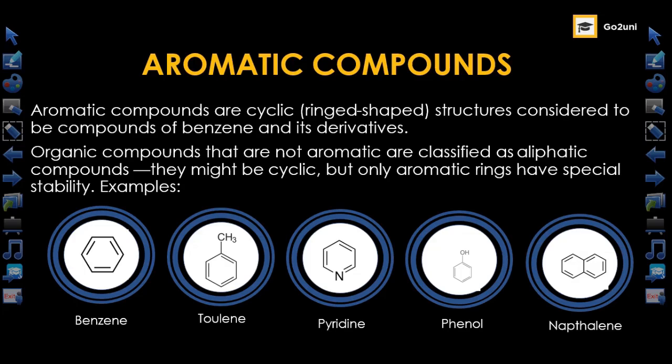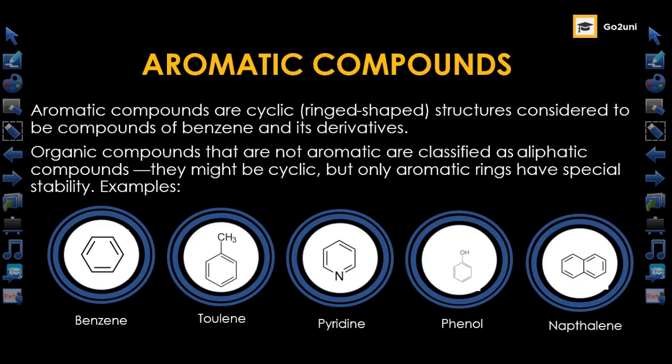Benzene has a unique structure. For some of us, this may be the first time you're hearing the word benzene. Don't worry, you will get to understand what the compound benzene is and how its structure looks. So, aromatic compounds are simply ring-shaped compounds that are benzene compounds, or derivatives of benzene.